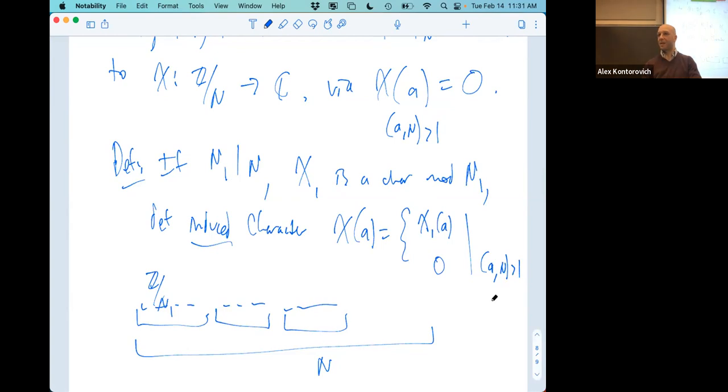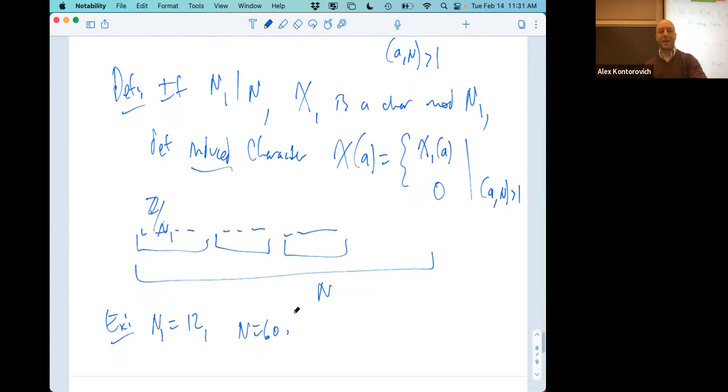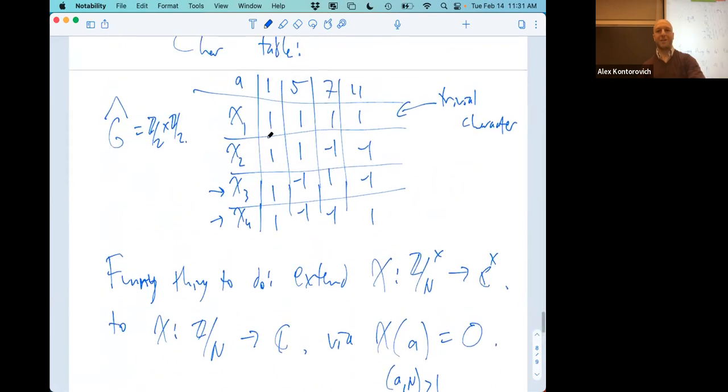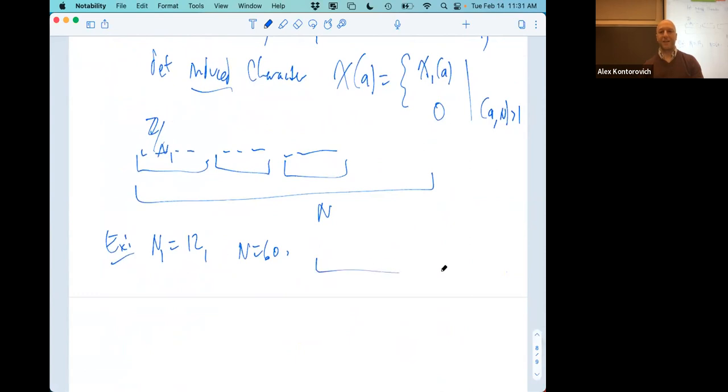Does that make sense? So if I have a character mod 12 and I want to make a character mod 60 out of it, so for example n1 is equal to 12, n is equal to 60. If I take one of my characters mod 12 and I want to make a character mod 60, what I'll do is look at the numbers mod 60 and break them into chunks mod 12.